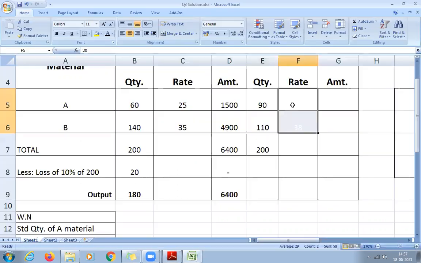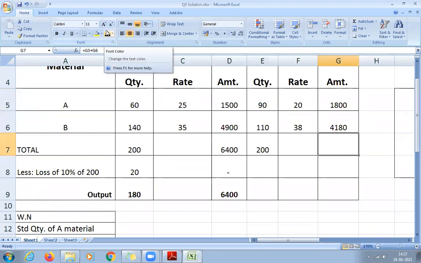So please multiply with the respective rates and units. You'll get the amount. A, 1,800. Next, 4,180. Now you total the amount column. 5,980, sir. Yeah, 5,980.